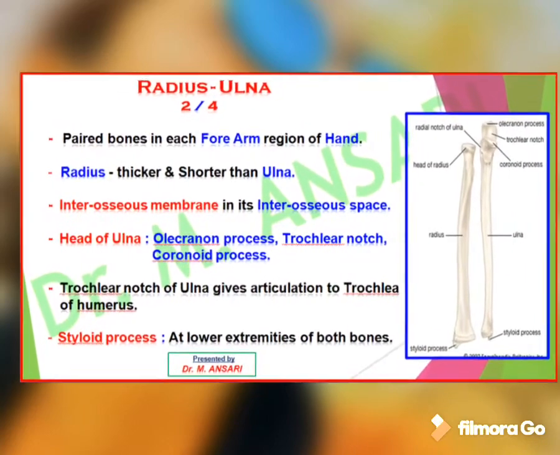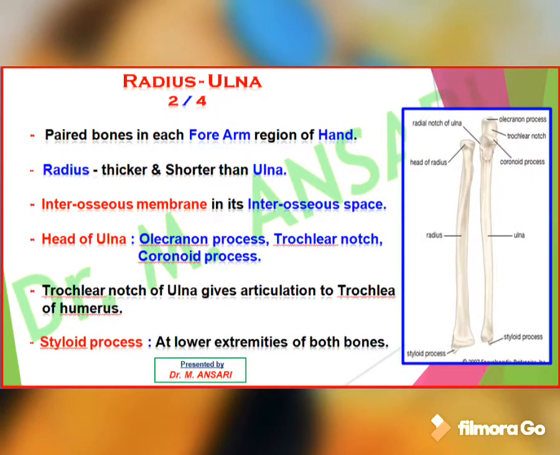Radius is thicker and shorter than ulna. In between these 2 bones, the interosseous space is present, which is filled with the interosseous membrane.